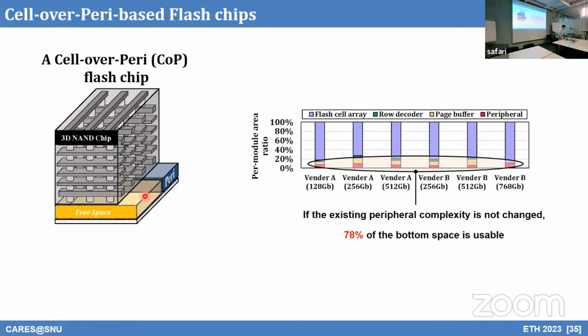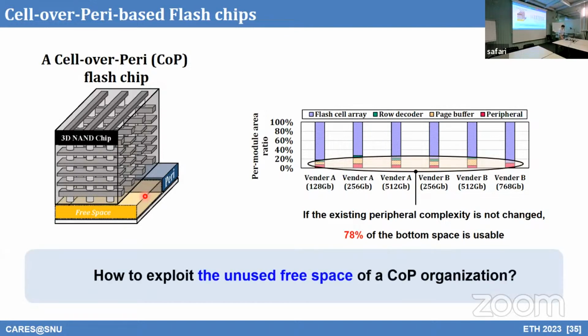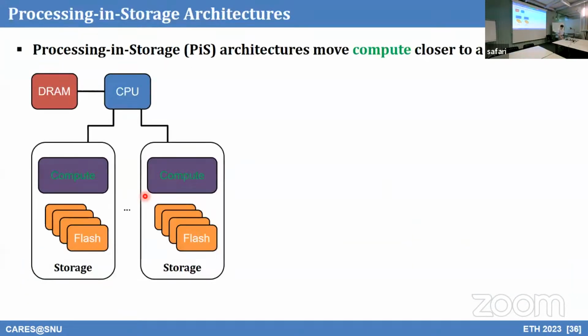Okay, so this is the processing in flash idea. The motivation is, if you look at processing in storage in SSD, it's very promising and interesting. But here you put the computing element in the SSD controller or at a similar level.